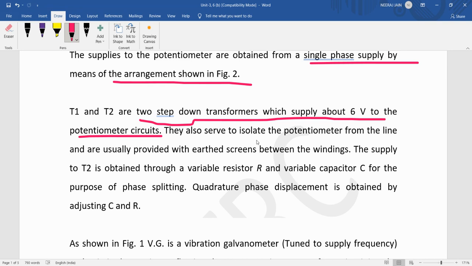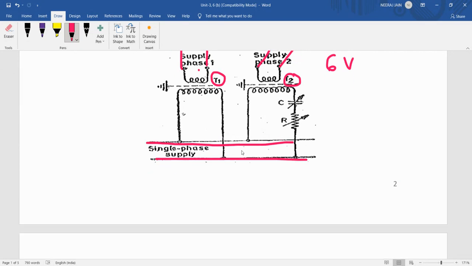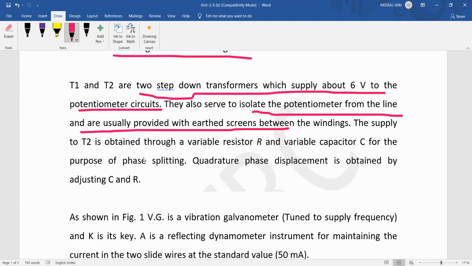They also serve to isolate the potentiometer from the line and are usually provided with an earth screen so that stray effects can be neglected. The R and variable capacitor C are for the purpose of phase splitting. Quadrature phase displacement is obtained by adjusting C and R.